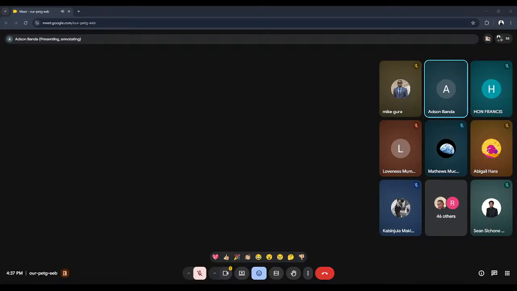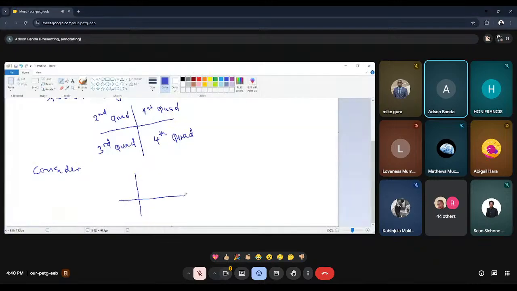So let's consider the following. Let's consider an angle which is in the first quadrant. And let's call this angle theta. So you have an angle theta. So consider that.